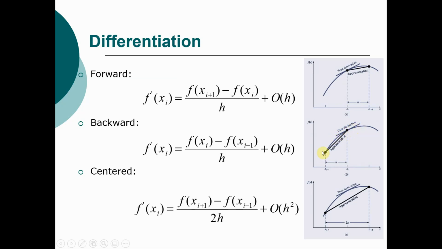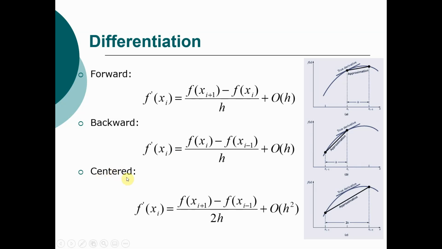So again, it's going to be f of xi minus f of xi minus 1 divided by h, the same order of error. Again, if you make h 2 times smaller, your error gets almost 2 times smaller. This is like order of magnitude. It's not very exact.